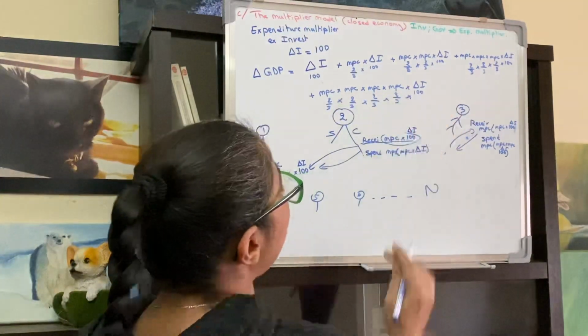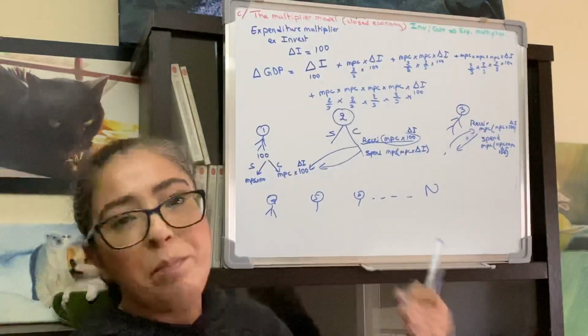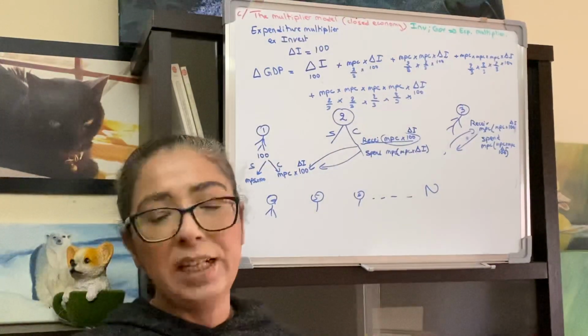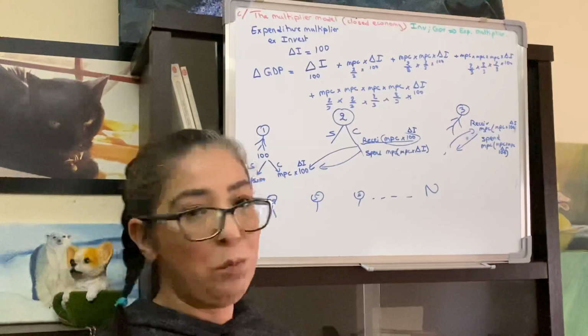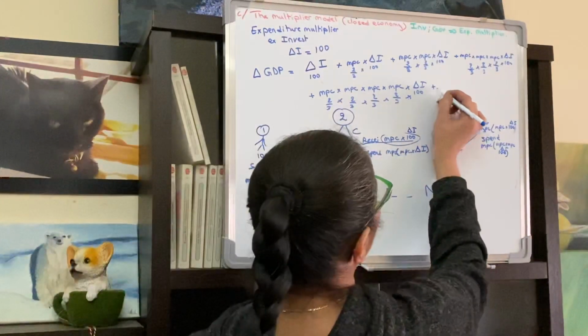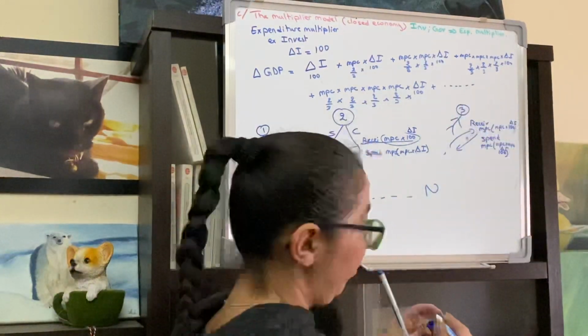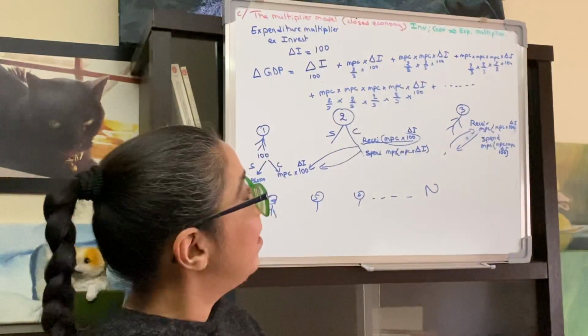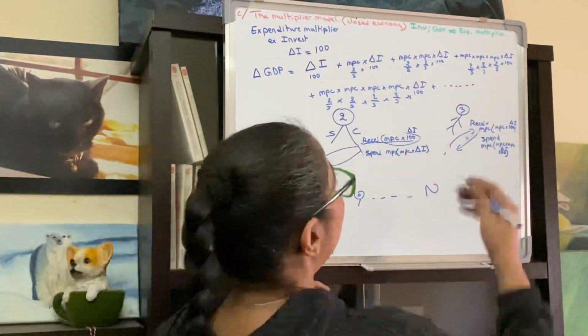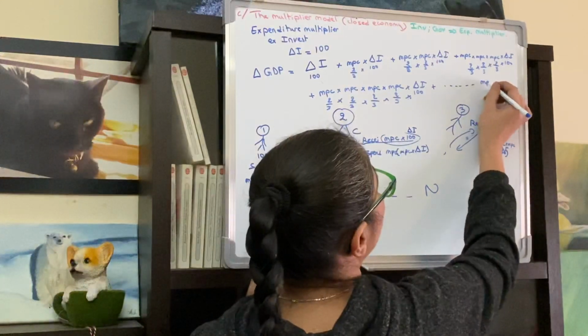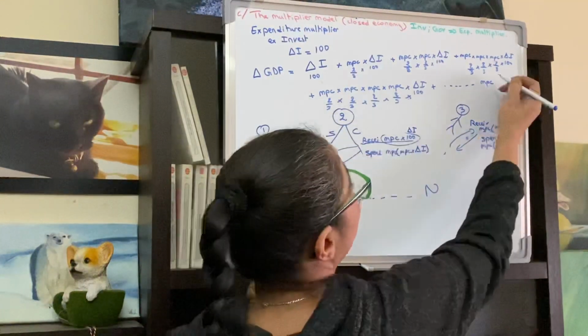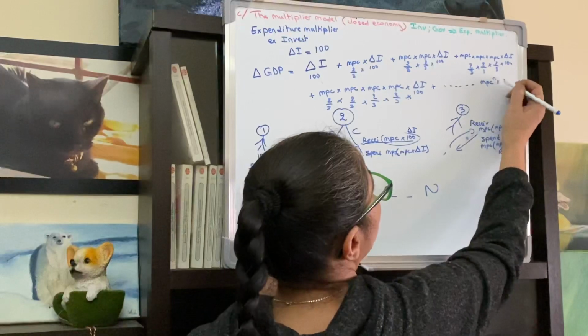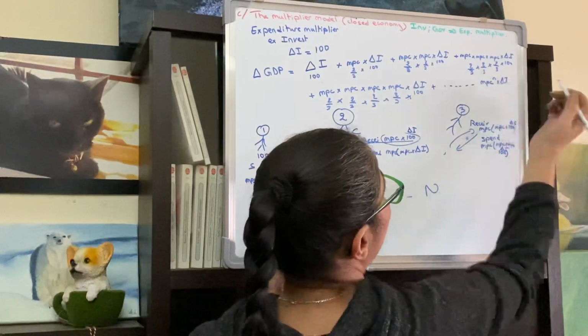Each one of these consumes MPC of whatever money they get. That's the point. Plus, and it's going to go till the end. There is no end, till n, okay? So here is going to be MPC, you multiply it, so it's to the power n times delta I.